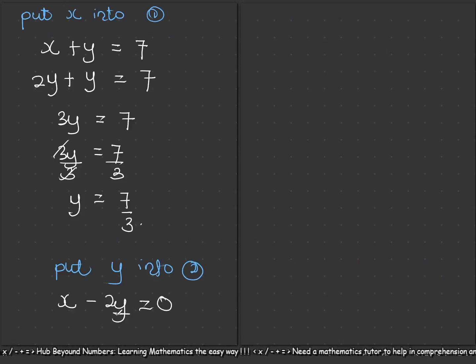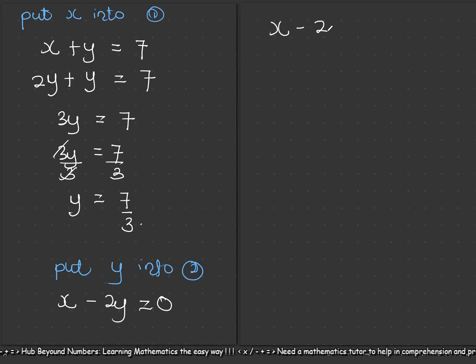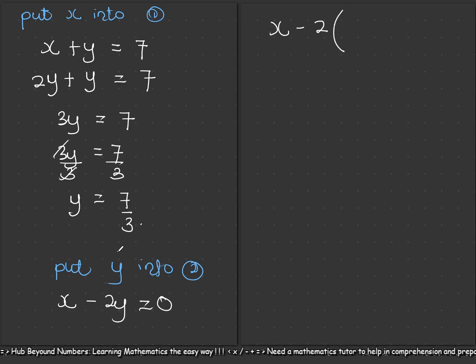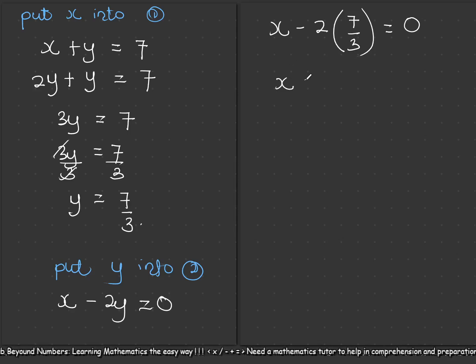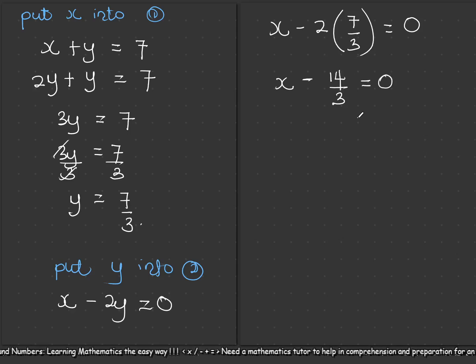So instead of this y here, we should substitute this here. So that we have x minus 2, then the y here now becomes 7 over 3, equals your 0. So simplifying further, you have x minus 2 times 7, which is 14 over 3, is equal to 0.